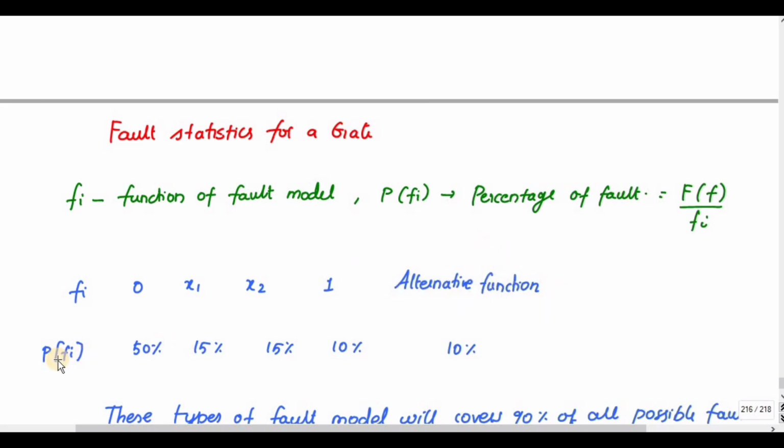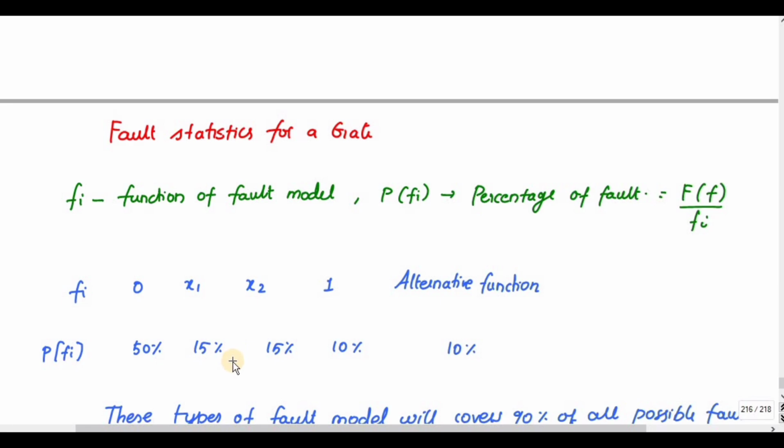To find the percentage of fault, P(f_i) is F_f divided by f_0, and for x1, P(f_1) is F_f divided by f_1.